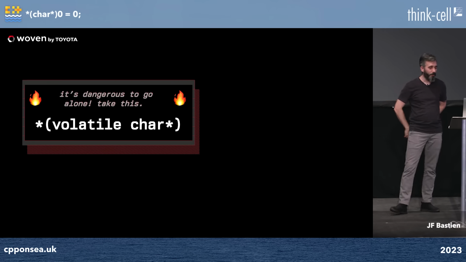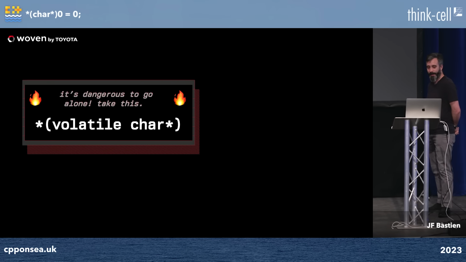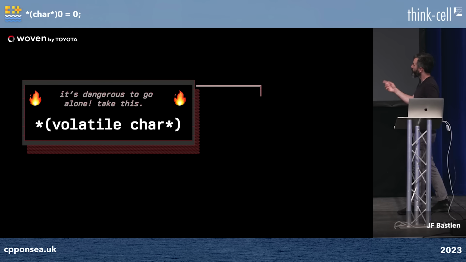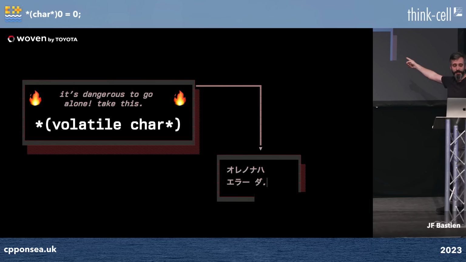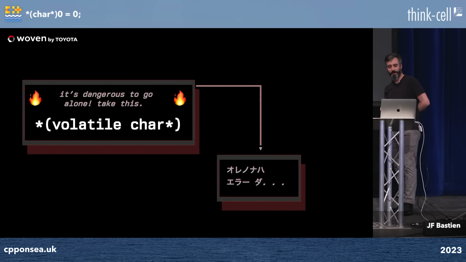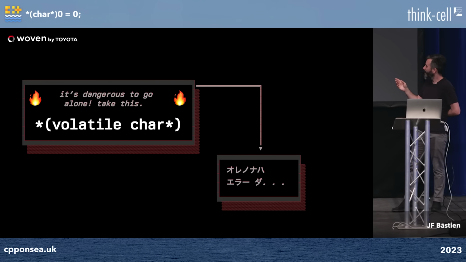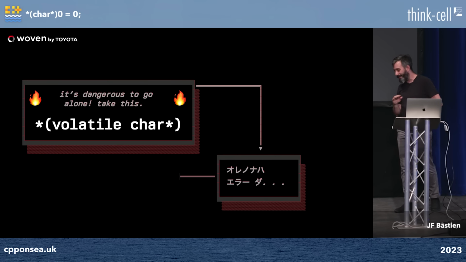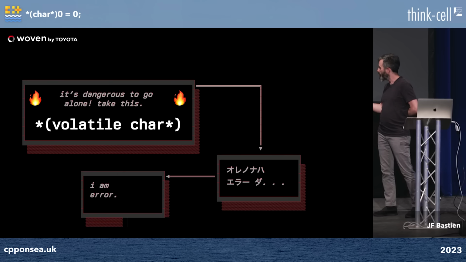Now that we've talked about Zelda, this is a Zelda reference for the kids here, Zelda 1. We're going to talk about Zelda 2. What happens in Zelda 2 is you get told this instead, right? Everyone in the room knows what this is. Ore no na wa era desu, right? People thought it was a hilarious meme when they discovered this in Zelda 2 because the translation in English was "I am error."